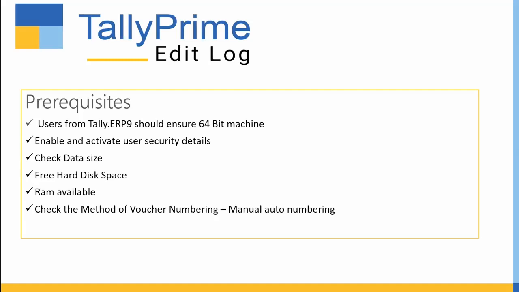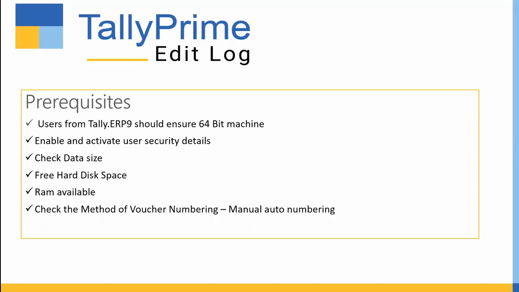This is the most important change which Tally is making proactively: the method of voucher numbering. Friends, as you recall, many of us maintain automatic numbering in Tally. The problem with automatic numbering is that if you enter a backdated voucher, or insert a third voucher after entering two earlier ones, the numbering gets shifted.